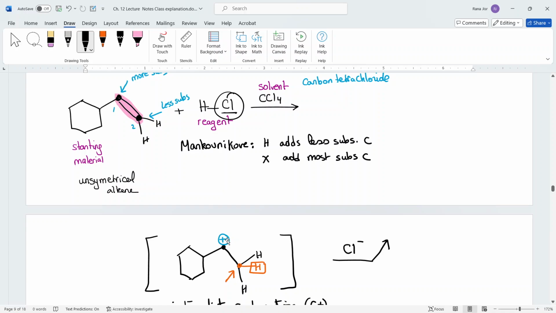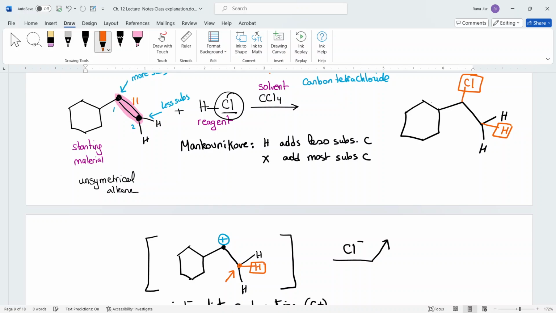These have opposite charges, so they are going to attract each other there. So the Cl is going to come and attack the positive charge, the carbocation in there, and your final product is going to look like this. Your final product in here is going to have the chlorine on this carbon, and already I've added the hydrogen here. So this is what's happening in there.